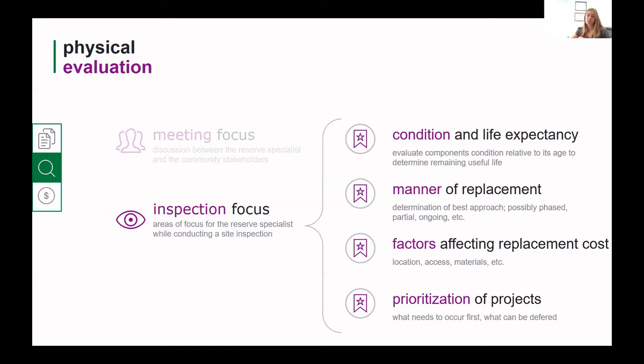The reserve specialist is also going to help prioritize projects. So if the roof is failing and the carpet is worn, and the funds are limited, we're going to prioritize replacement of the roof, make sure that the building maintains its structural integrity, and defer the carpet likely, right?